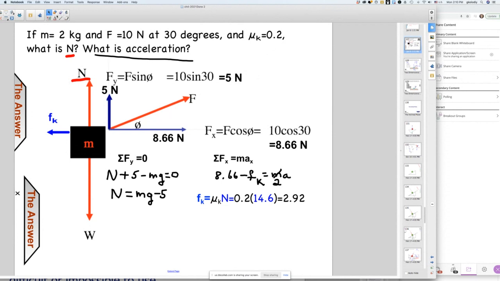M is 2, times 10, minus 5 is 15. So the normal force is 15. Or if you use 9.8, then it's 14.6, not 15. So mu times the normal force, I'm using 9.8 over here, so the force of friction is 2.92.